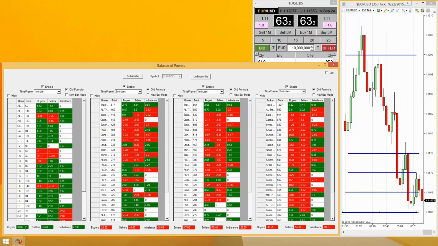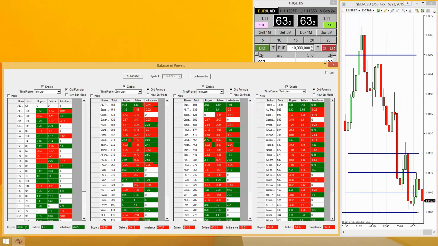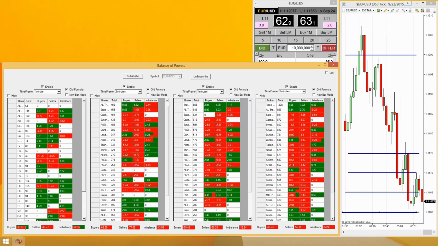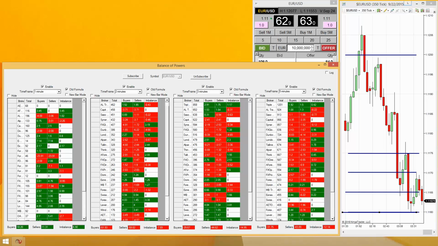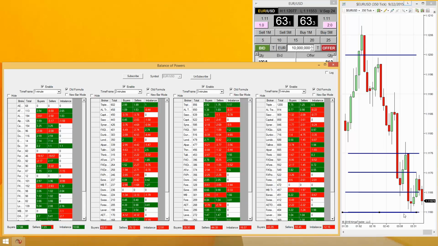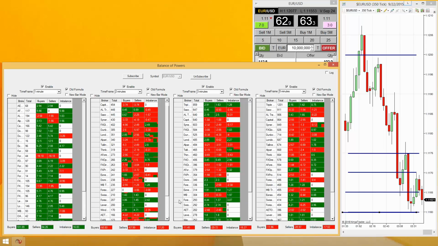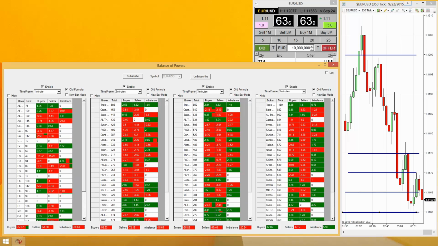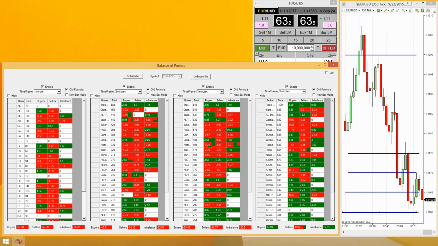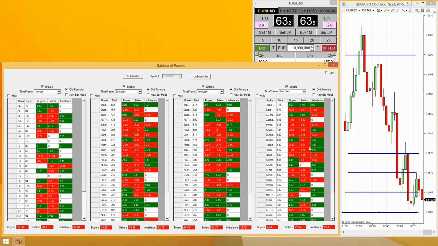I would suggest use it within support and resistance. Let's say right now we're hitting support, so I'm looking for this thing to go green above 400, and these three go green too.